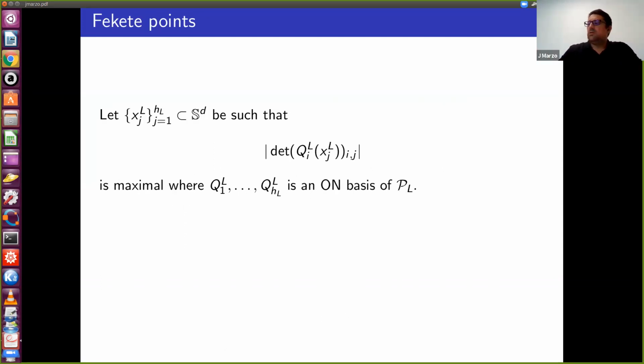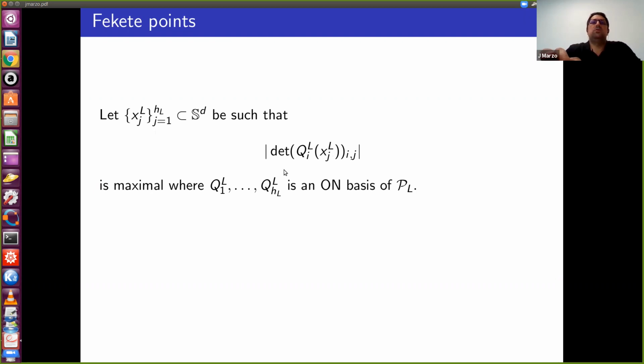To define our quadrature rule, I'm going to use something called Fekete points. These points are defined in the following way. You choose any orthonormal basis in PL, and then you consider the determinant of this matrix.